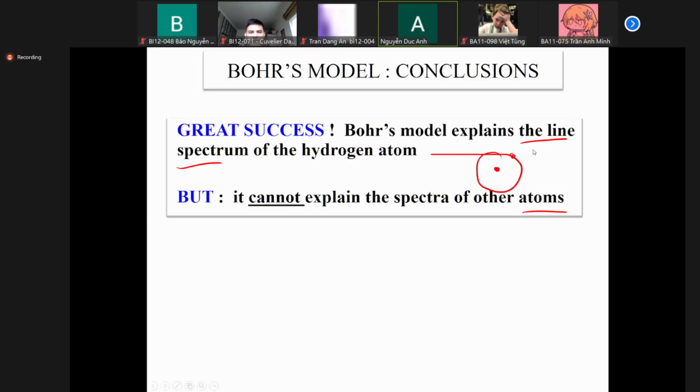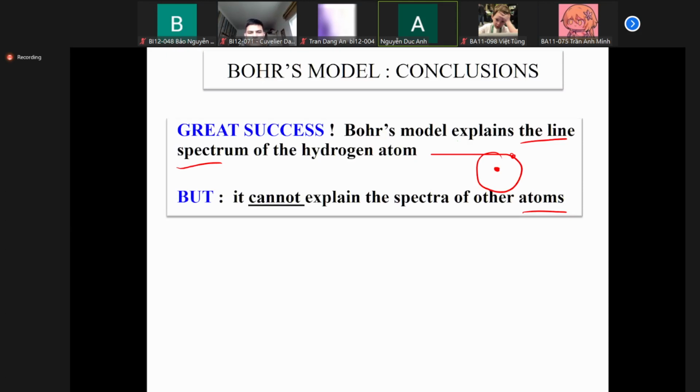So the movement of the electron in hydrogen is the simplest compared to the others. The others contain at least 2 electrons, like helium, or are more complicated, like sodium, potassium, with several electrons. So the Bohr model cannot explain the others, it only explains hydrogen.